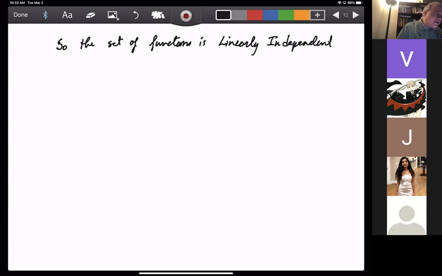That set of functions is going to be linearly independent when the reduced row echelon form of the coefficient matrix, and that is a function of x, right?